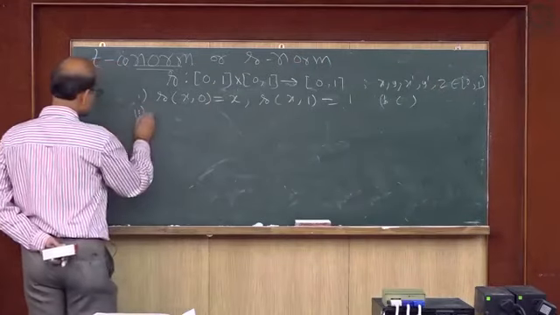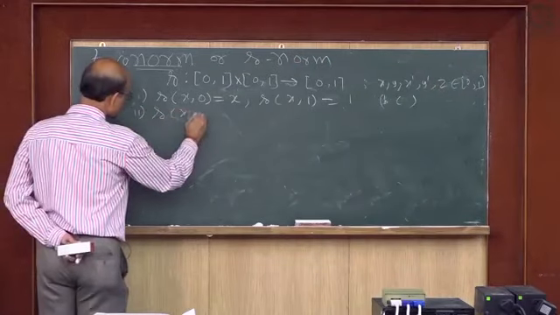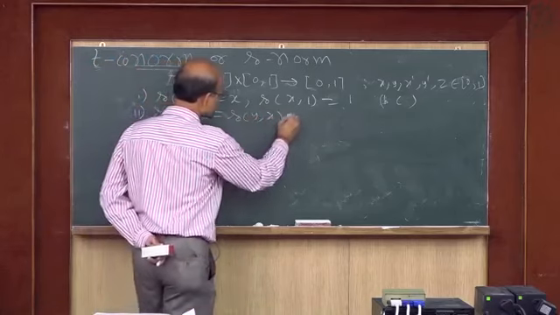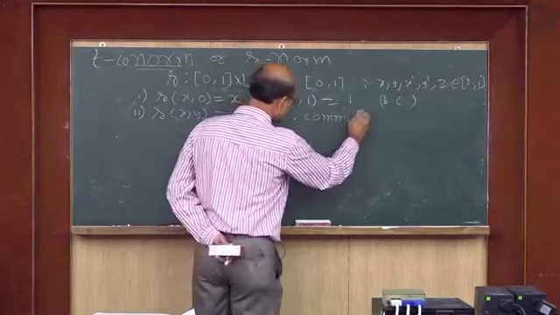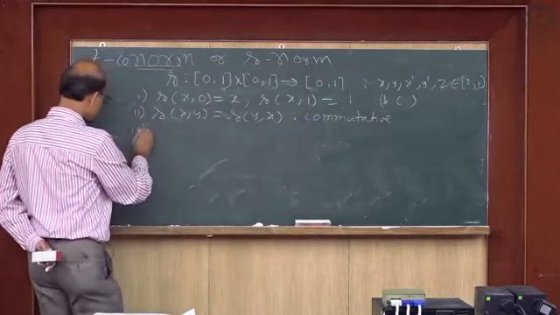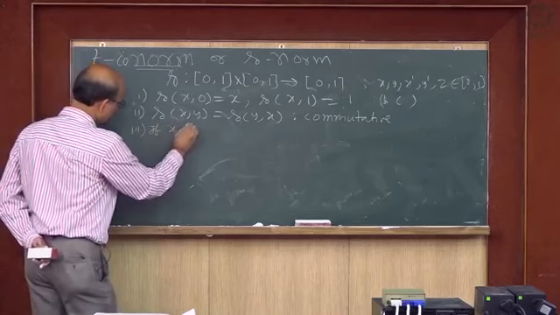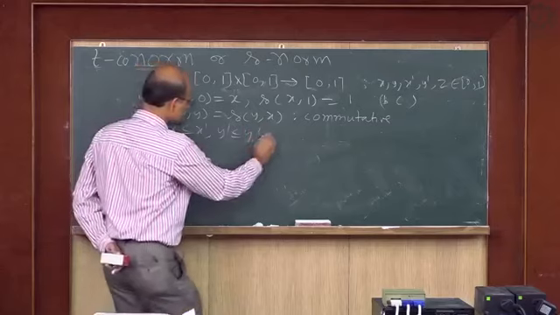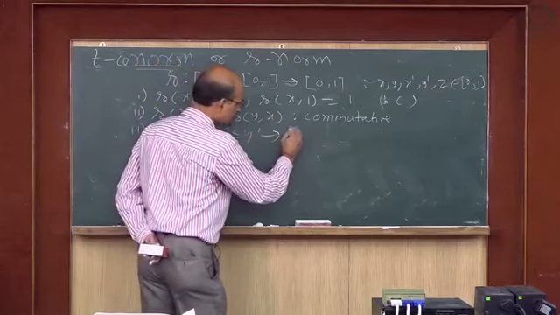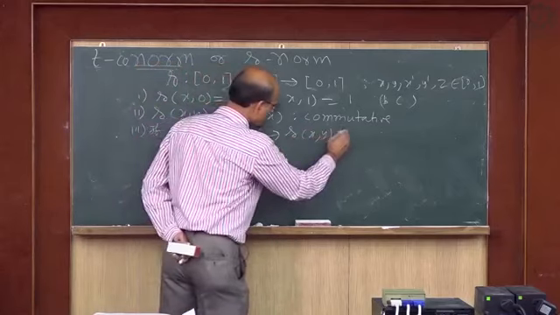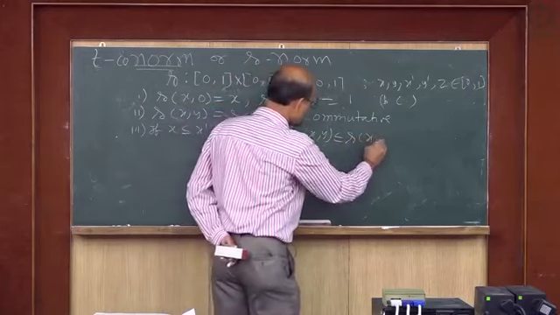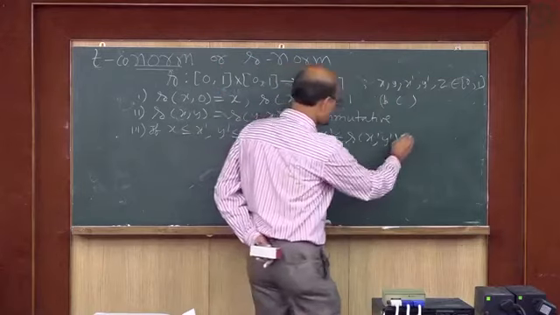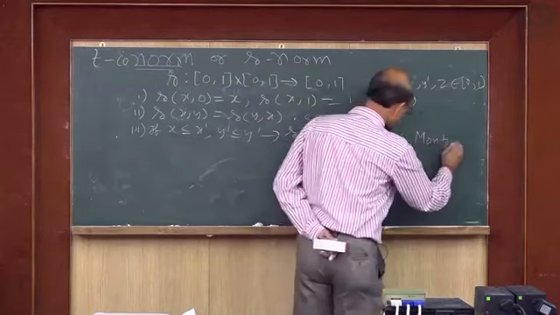Second, S of x, y is equal to S of y, x, commutative. Third, if x is less than or equal to x dash, and y is less than or equal to y dash, then we have S of x, y less than or equal to S of x dash, y dash, and this is called monotonic.